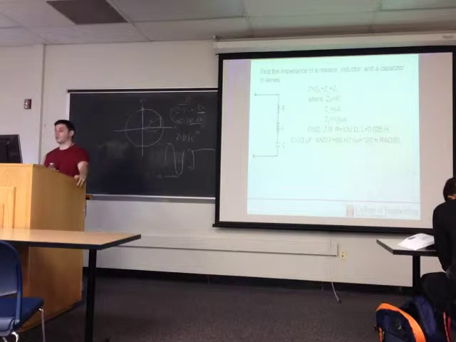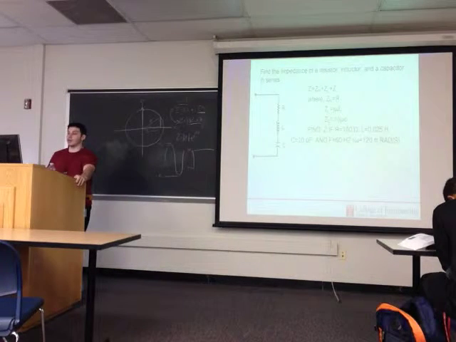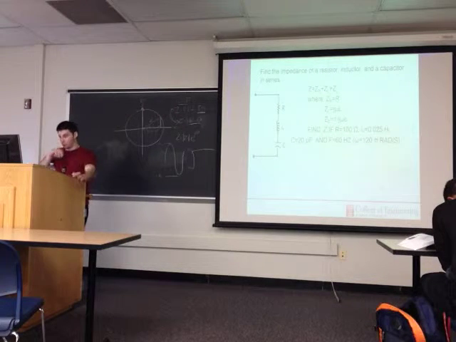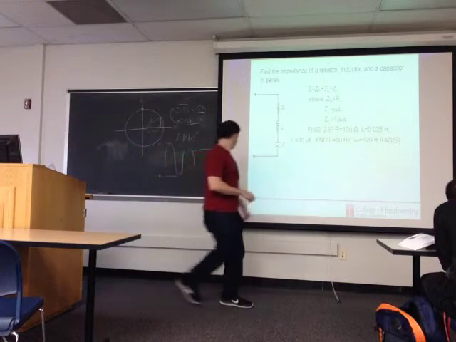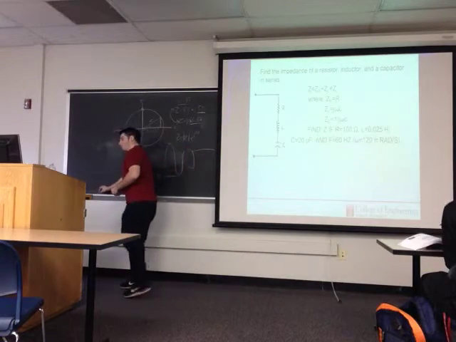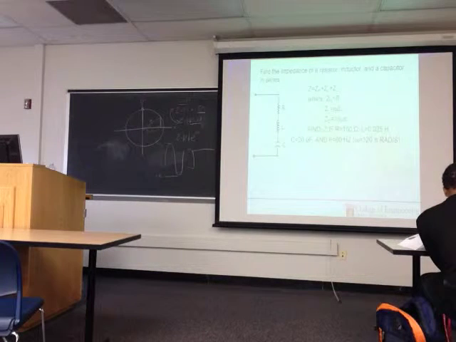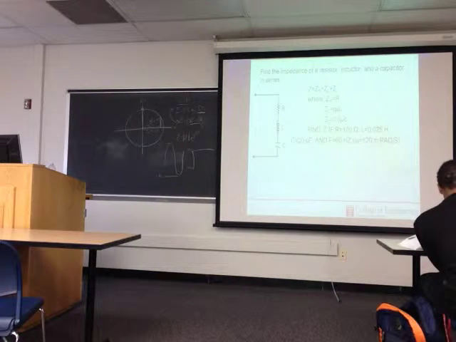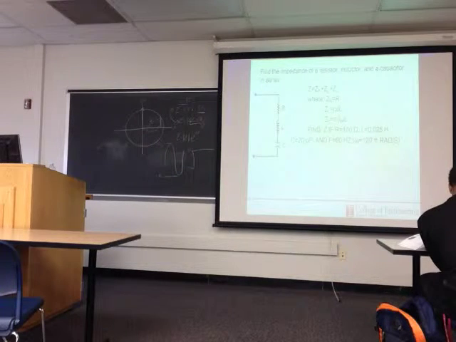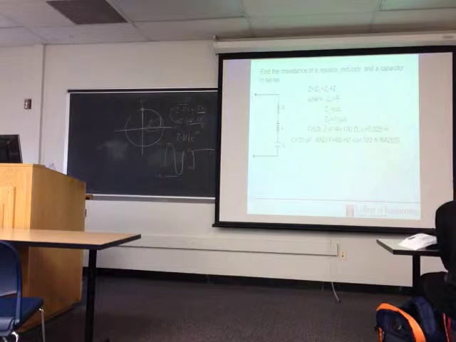So we're given R, we're given L, we're given C, and we're given F, from which we can then find omega. So let me just write that down on the board too. Omega is equal to 2 pi f, where this is our angular frequency.